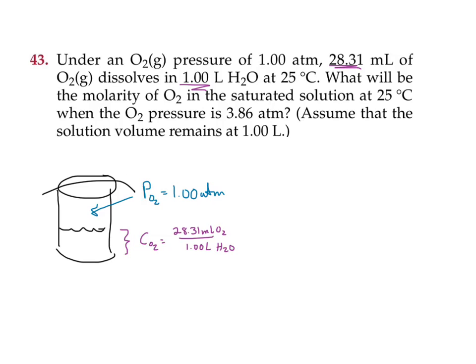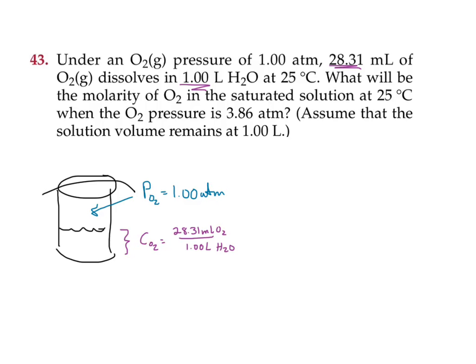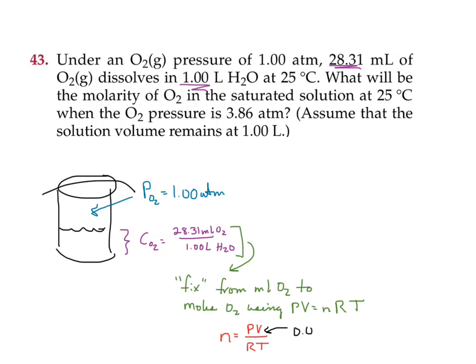My hint is to make sure you first get that volume, instead of milliliters, in terms of moles, and then do the Henry's. Then get the KH. I shall show you what I mean. So fix it from 28.31 milliliters of O2 per liter of H2O. Get it in terms of moles.